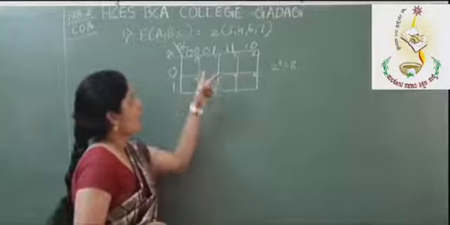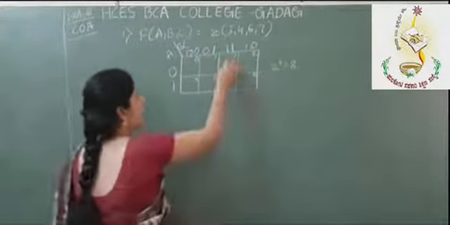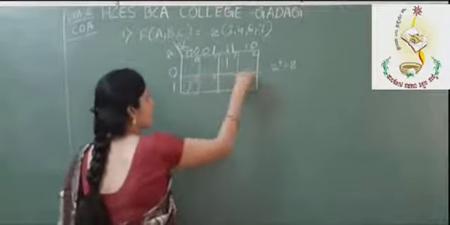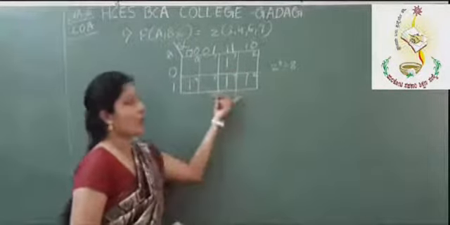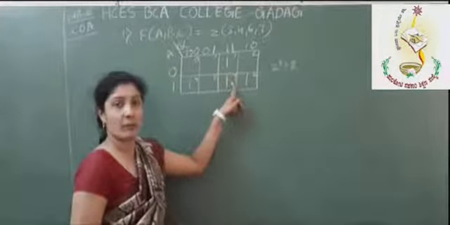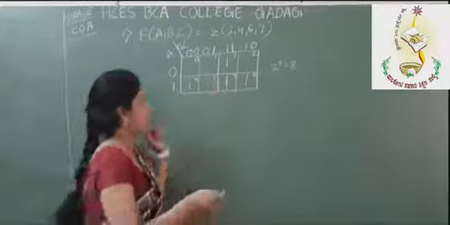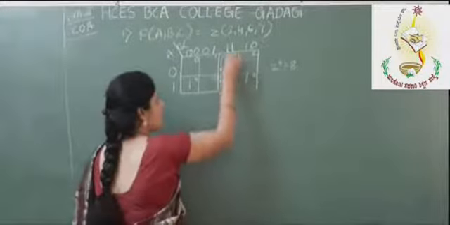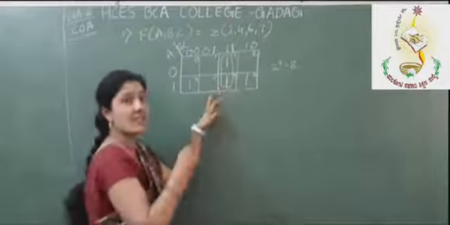Now which are the numbers given? 3, 4, 6, 7. Now we have to group these. Looking at these two, can we pair them? Yes, because they are adjacent to each other vertically. Therefore, this is one pair. And here, we can pair these two.